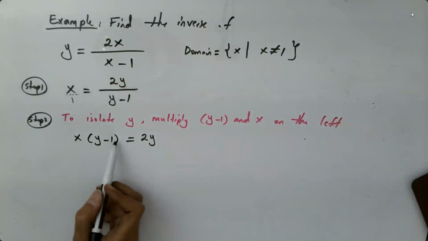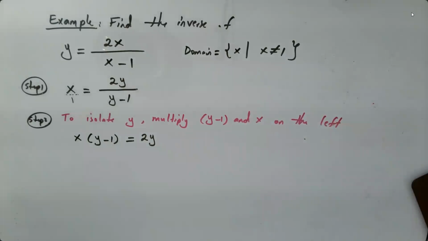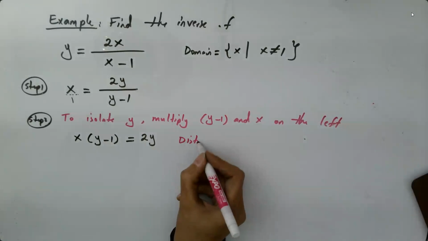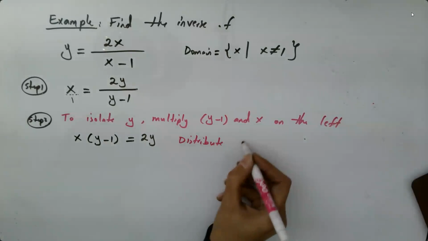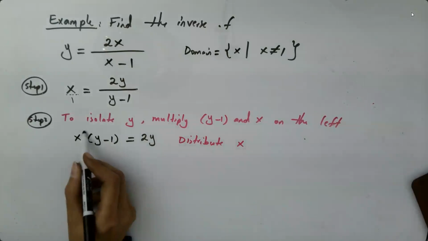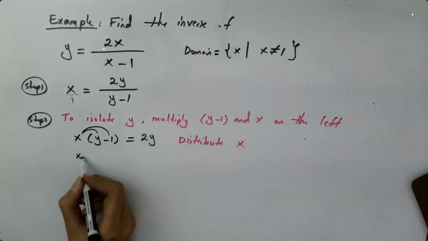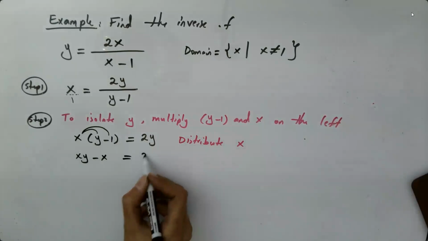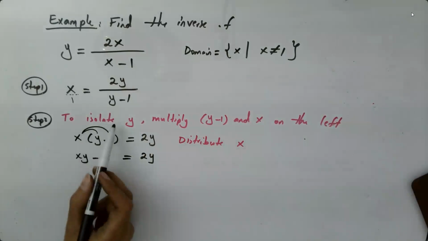Distribute x into parentheses. So what do I get? I get xy minus x. On the right hand side, I have 2y. Guys, remember that your goal is to isolate y.